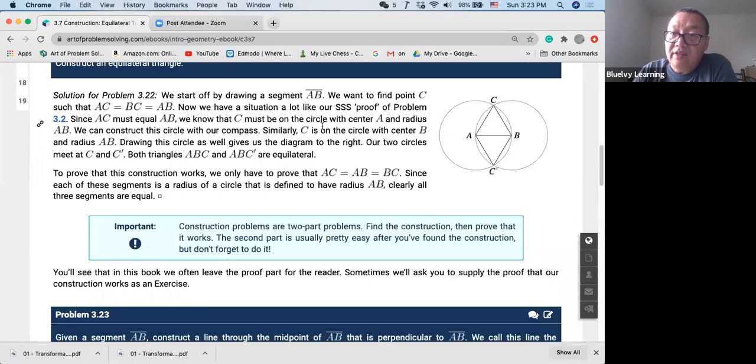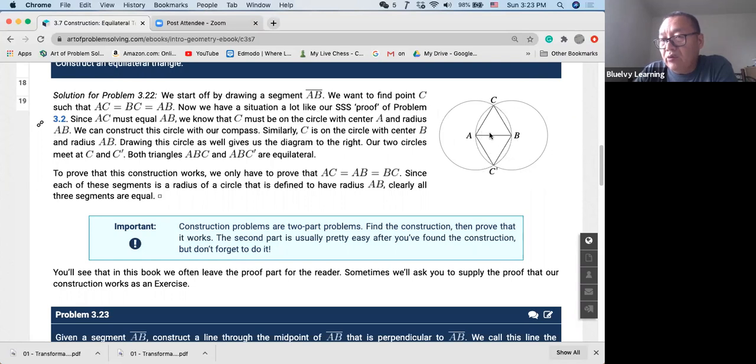So then the correct way, just say first you draw a segment, here AB, draw a segment marked AB. Then you use A as a center point, use the radius AB, draw a circle.